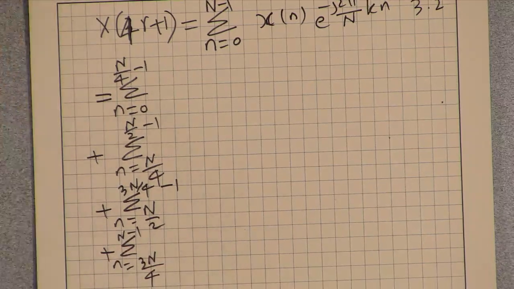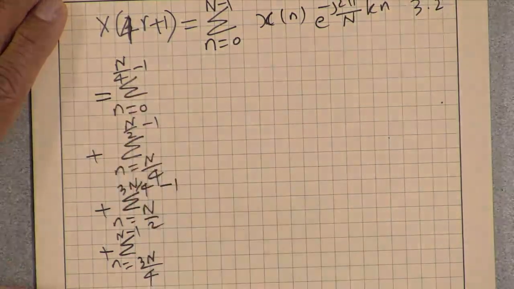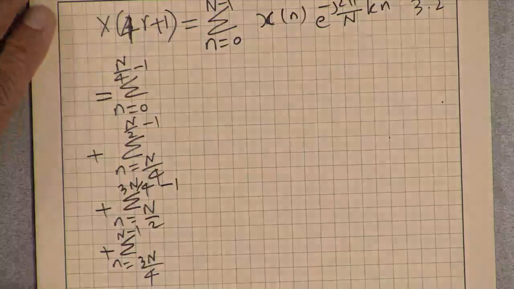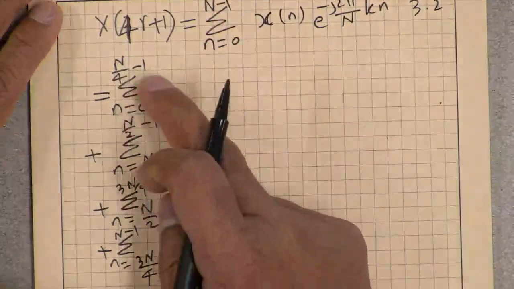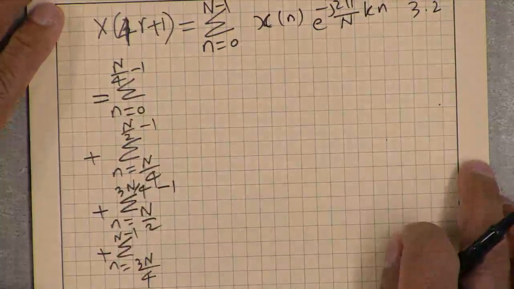Why are we writing them down in lengths of N by 4? Because we want to compute N by 4 point DFTs. So we divide the length N sequence into 4 parts, each of length N by 4.